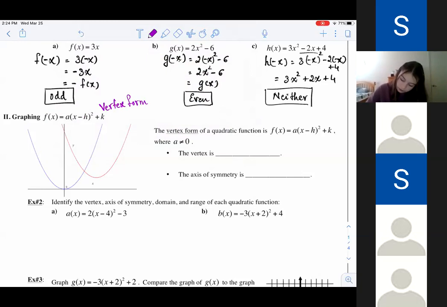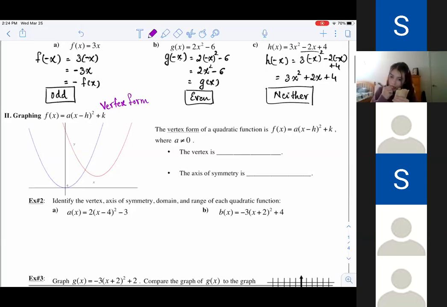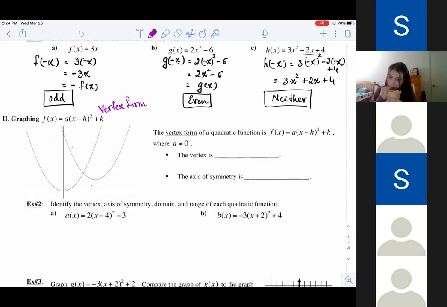Now, do you guys remember what a standard form is? It's just like the quadratic equation: ax squared plus bx plus c. Correct. So that's the standard form, and this is the vertex form. The reason this is called vertex form is because you can easily identify the vertex from this form.